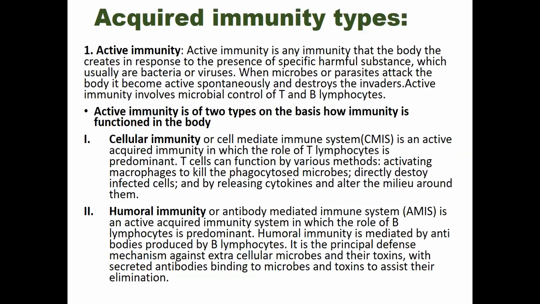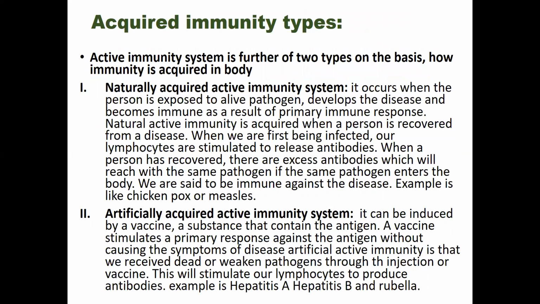Active immunity is further divided into two types on the basis of how immunity is acquired in the body: naturally acquired active immunity or artificially acquired active immunity. Naturally acquired active immunity occurs when the person is exposed to a live pathogen and the disease develops, and then they become immune as a result of the primary immune response, because memory cells are produced.